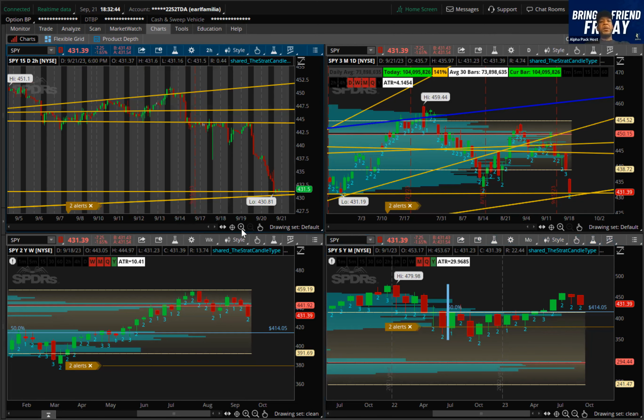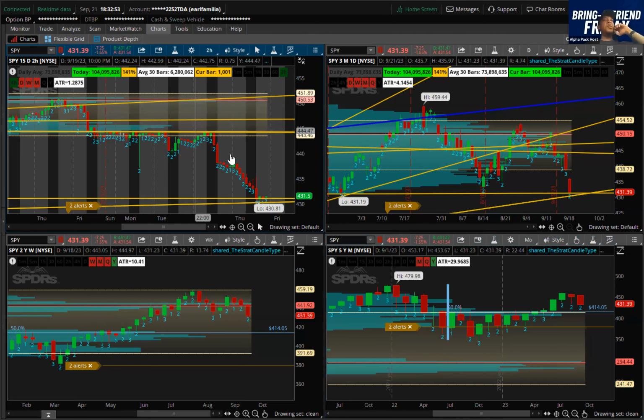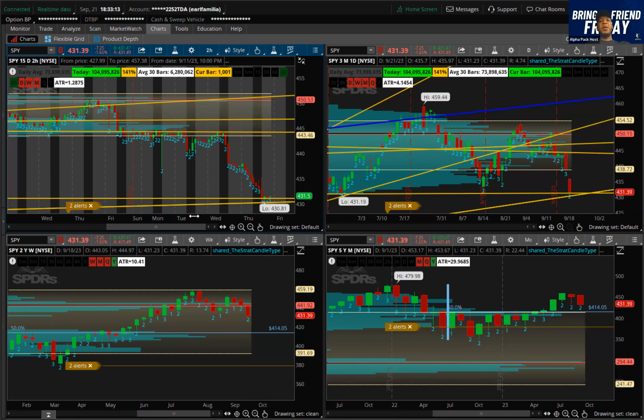So basically, us being able to see and take advantage of this move down after Powell spoke takes us right back into a broadening formation. So we covered that gap pretty quickly, basically in one trading day. So for me right now, I know continuities to the downside, and that's ultimately what I'm looking for.